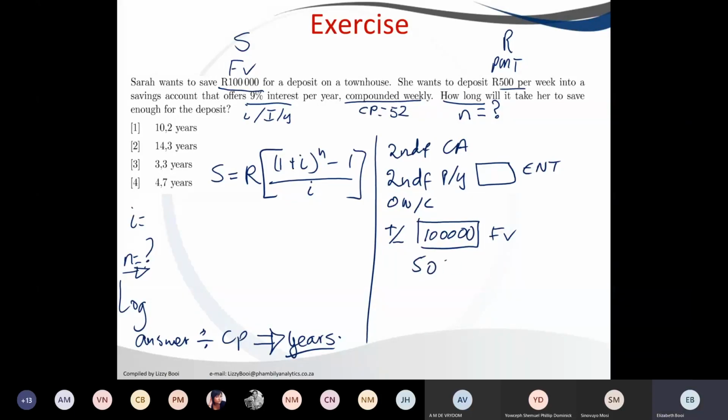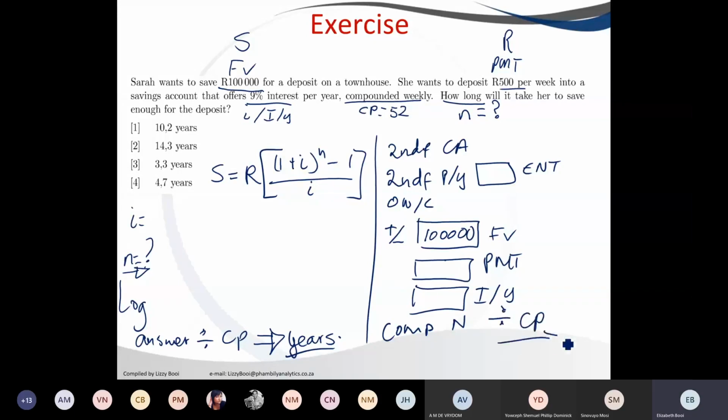Oh, sorry, I was not going to do answers. But anyway, what will be your PMT? And we are also given our interest, which is I/Y, and then you need to compute N. And when you get to the compute N, you divide by the compounding periods as well. So you also apply the same method as those who are doing manual calculation.